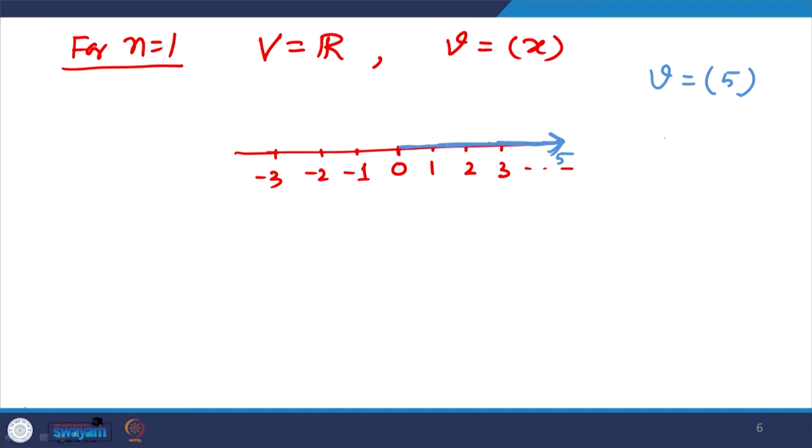Similarly, if I am having V equals to -2, again the tail will be here and I will be having this. By the green color I am showing you the vector V equals to -2 and by the blue color the vector V equals to 5.